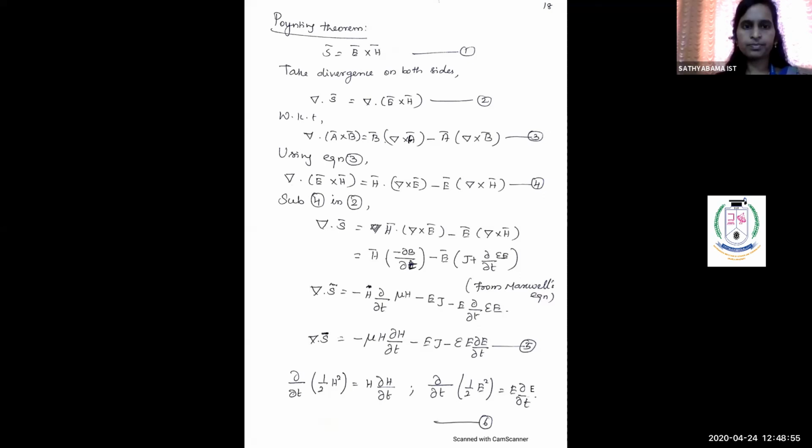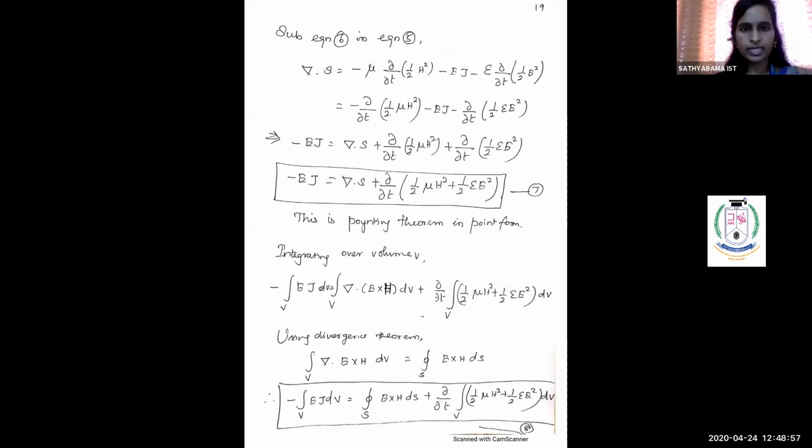It becomes del dot S is equal to minus mu ∂/∂t of half H square minus E·J minus epsilon into ∂/∂t of half E square. Now you have to simplify this, bringing your mu inside the ∂/∂t. So it becomes minus ∂/∂t of half mu H square minus E·J minus ∂/∂t of half epsilon E square.